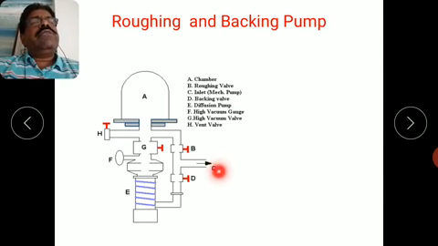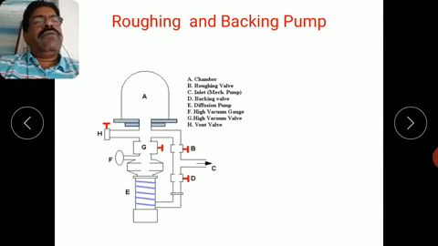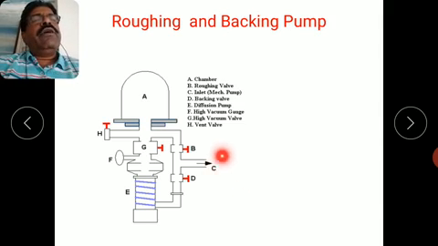You can see this point C. At point C you have to connect a mechanical pump, like the rotary vane pump. We have just seen its application as a roughing or backing pump, so it will act for both backing and roughing. Roughing means what?